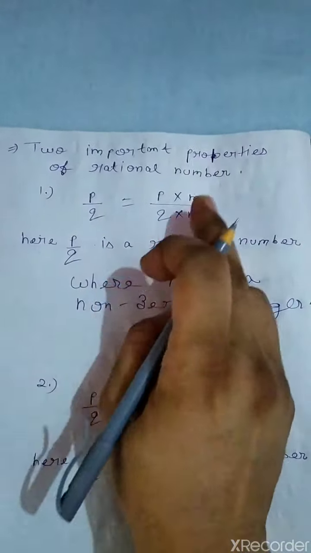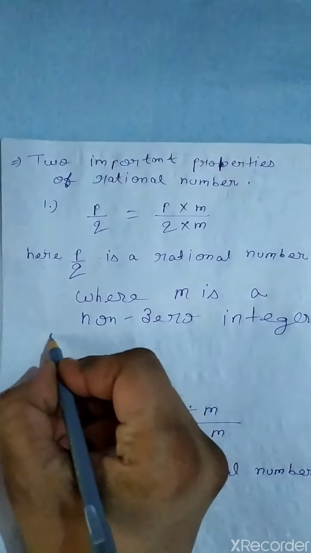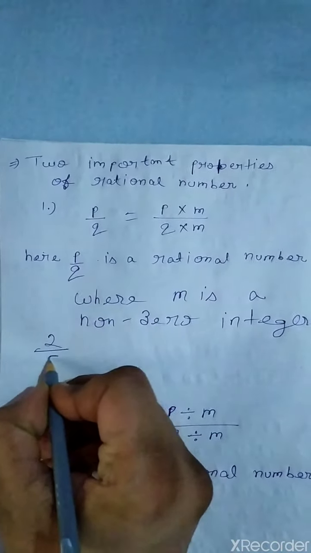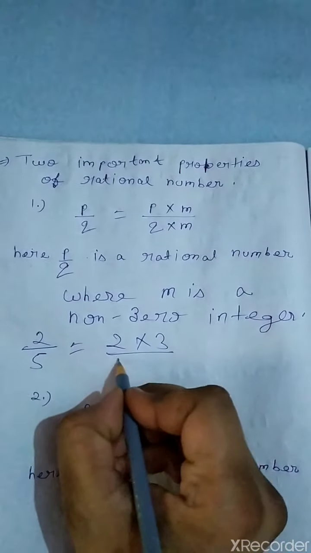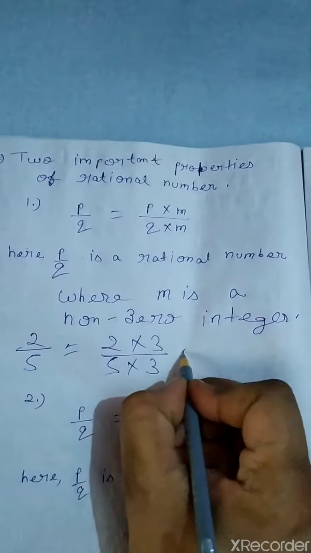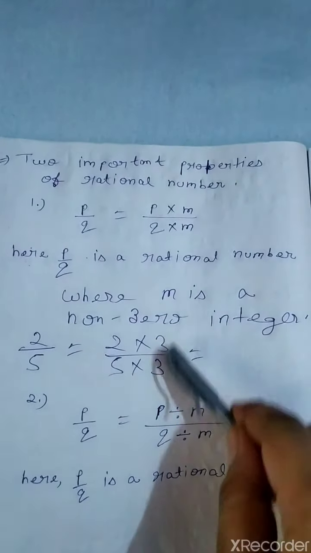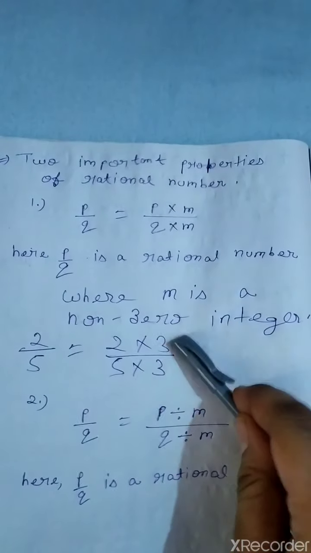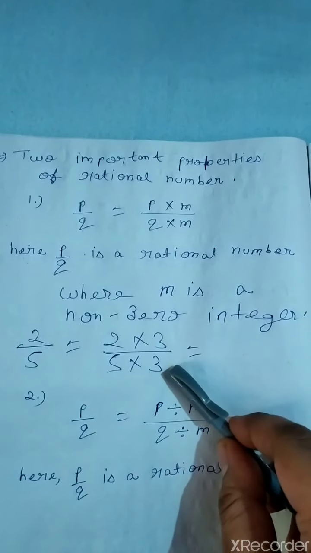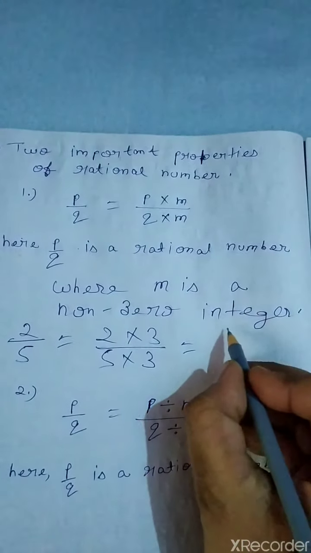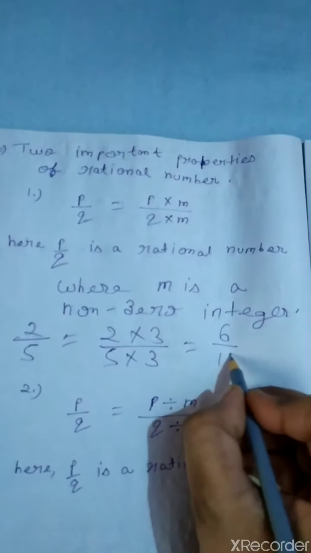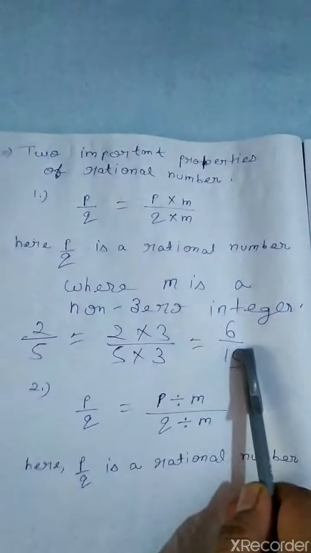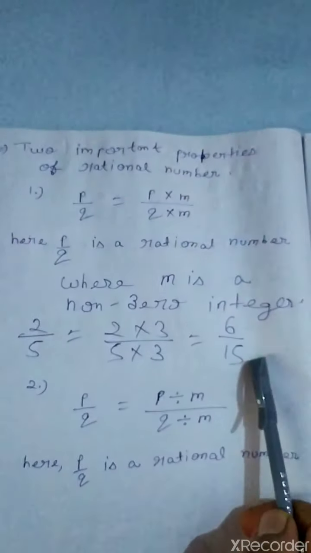As for example, 2 by 5 is equal to 2 into 3 over 5 into 3. If the numerator and denominator are both multiplied by the same number, here 3, you get an equal result. 2 into 3 is 6, 5 into 3 is 15. These two numbers are equal; actually these two are equivalent rational numbers.